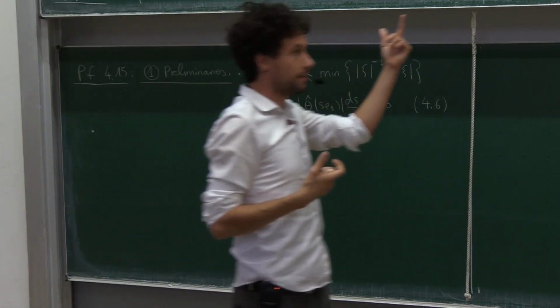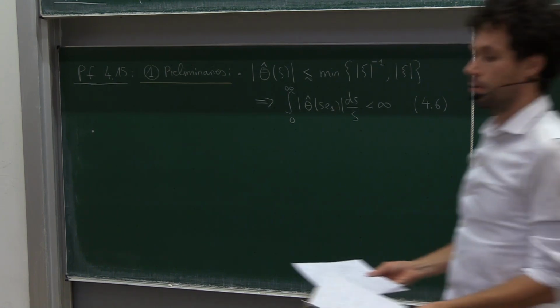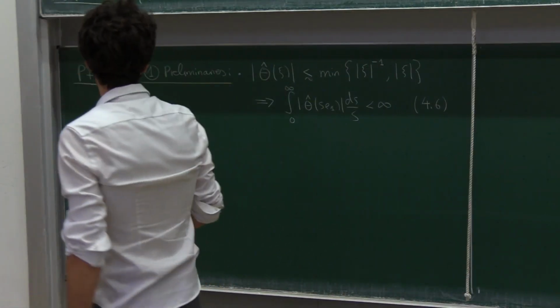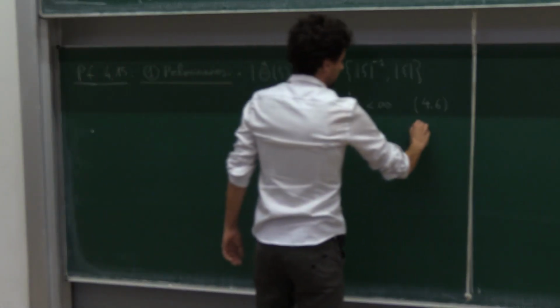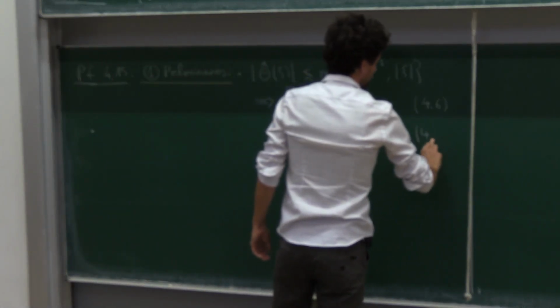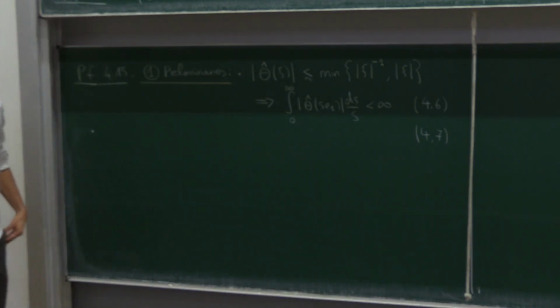The next preliminary thing is to make sure that these Bochner integrals over the compact intervals from epsilon to r are Bochner integrable. There's a result in the appendix saying that if you have a continuous function, then this vector valued integral is well defined.